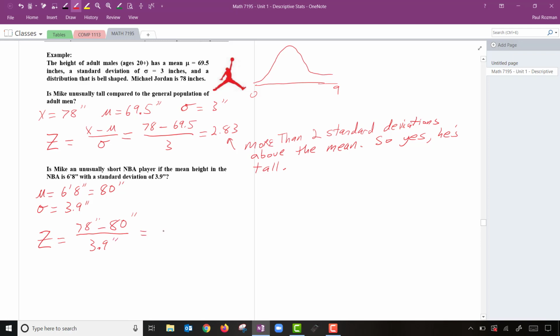So we end up with a Z-score of negative 0.51, if you want to go an extra decimal place there. So in this case, is he a tall basketball player? No. Is he short? No. He's only half a standard deviation below the mean.